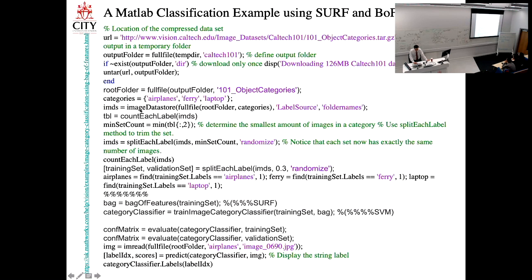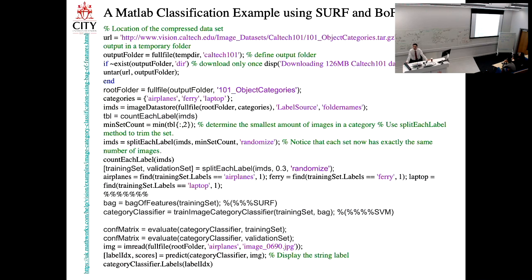Then you create an image data store, which is MATLAB's way of handling large data sets. This is not that large, but it is a good way to use an image data store. Then it counts each label and finds the minimum number of images in each category. Why does it do that?